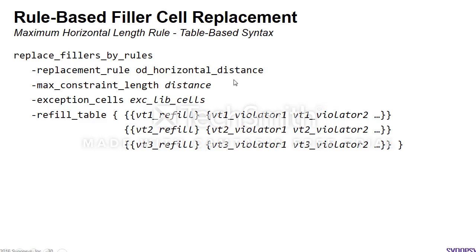This is similar to the vertical, and when you specify your feeder, you can specify it as a table. For this part, you will have a VT feeder, a reference feeder, and you will replace VT1 validation, cell 1, cell 2, and so on.